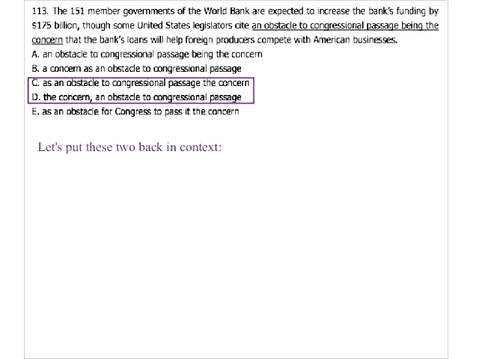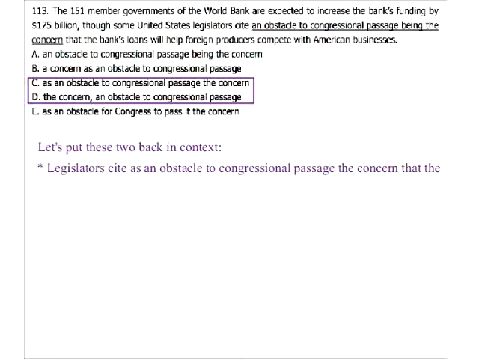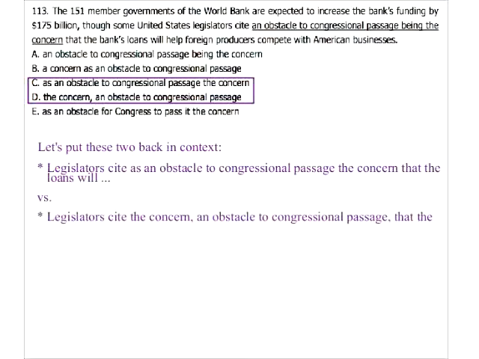So legislators cite as an obstacle to congressional passage the concern that the loans will blah, blah, blah, versus legislators cite the concern an obstacle to congressional passage that the loans will blah, blah, blah.